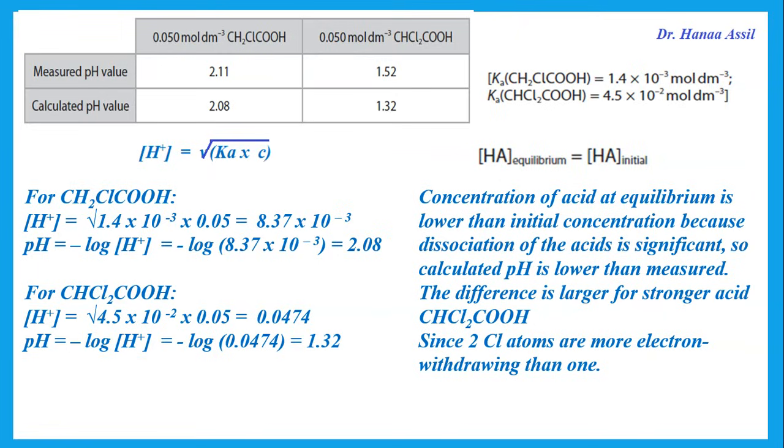So calculated pH is lower than the measured actual pH. Now the difference for the CHCl2, the one that has 2 chlorines and the one that has 1 chlorine, we said this is because the presence of 2 chlorine atoms which are more electron withdrawing, so that makes that one more acidic.